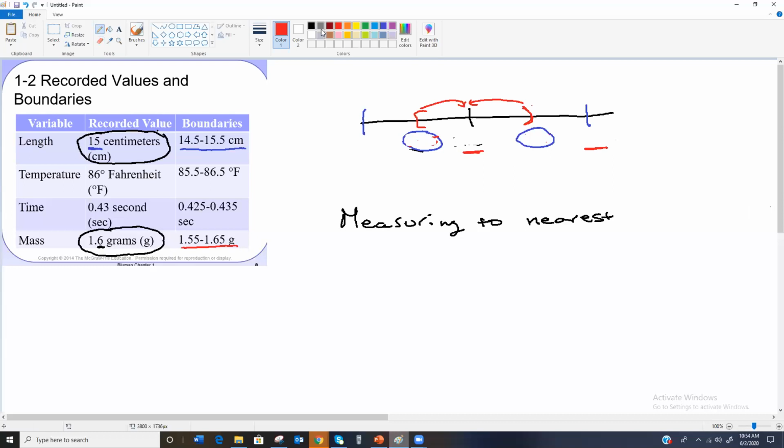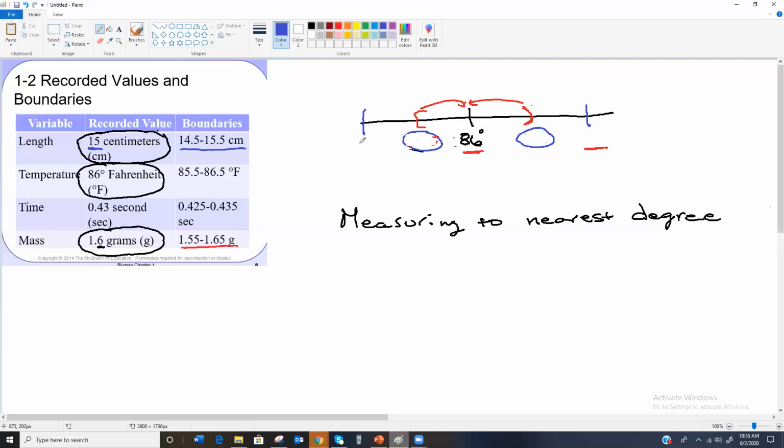So they're recording to the nearest degree, nearest whole degree. So try to fill in these numbers like we were doing for 86 degrees Fahrenheit. And of course, 86 degrees would go here.